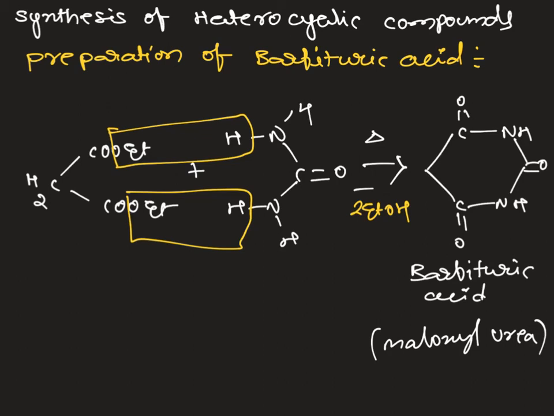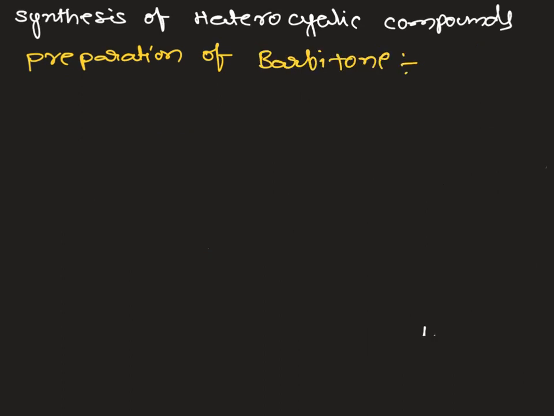Similarly, we can prepare barbitone. Diethyl malonate reacts with urea, we get barbituric acid. Instead of diethyl malonate, if we take a substituted diethyl malonate, we get barbitone.